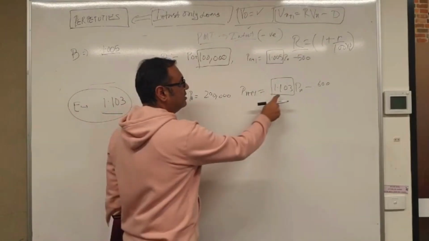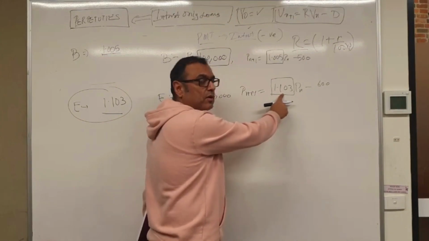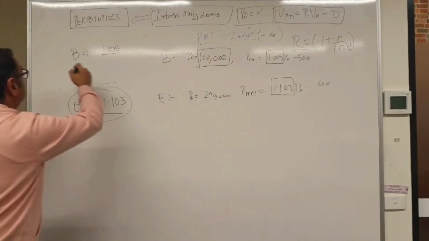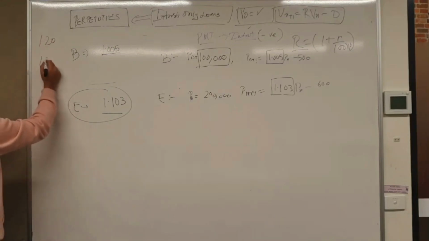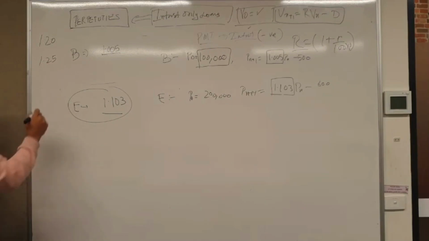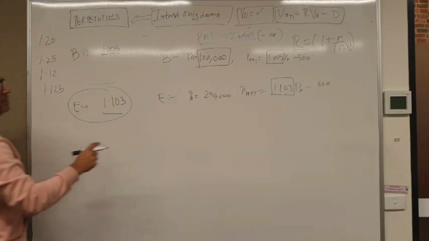Yes or no? Guys, 20% can be written as 1.20. 25% is 1.25. 12% is 1.12. 12.5% is 1.125. So what is this?